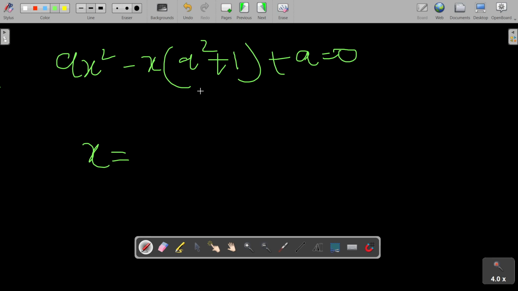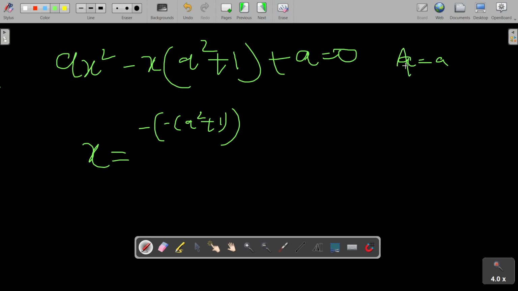Let's use simply the quadratic formula. Minus b is minus a squared plus 1. Here a is equal to a.